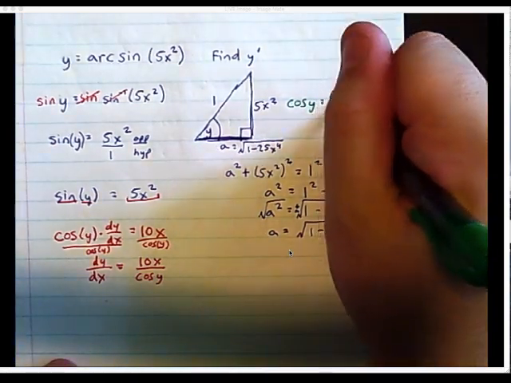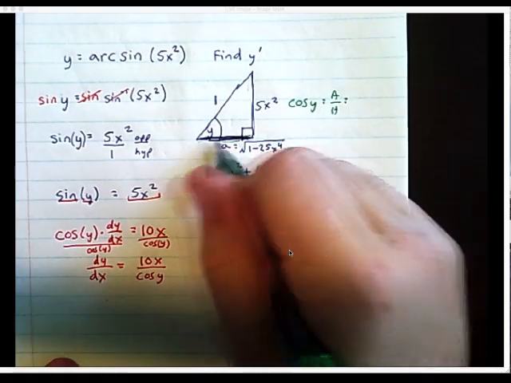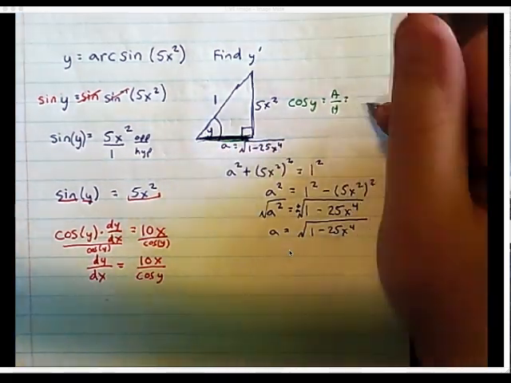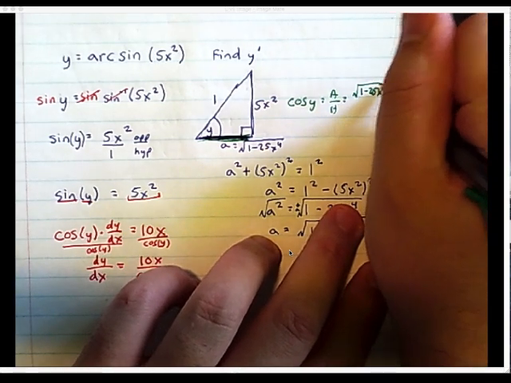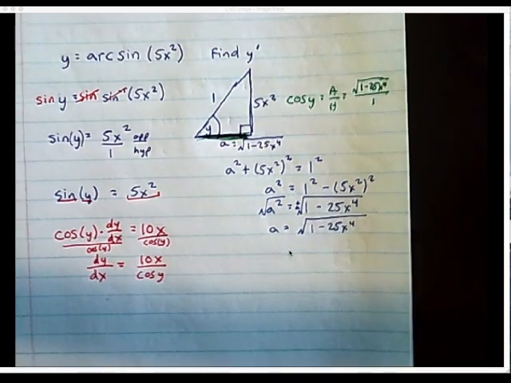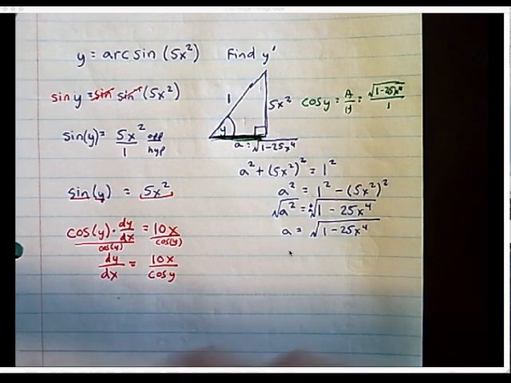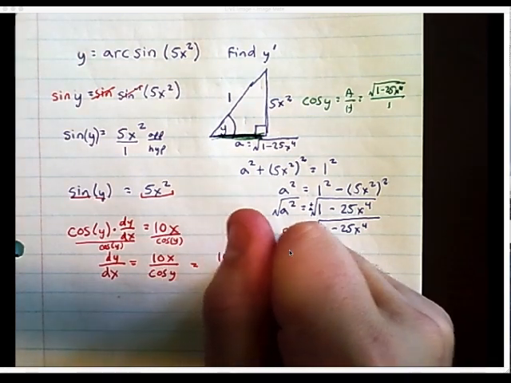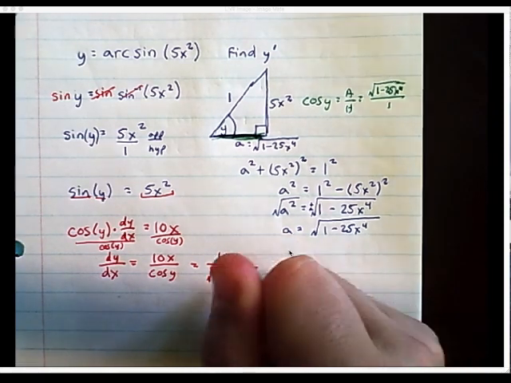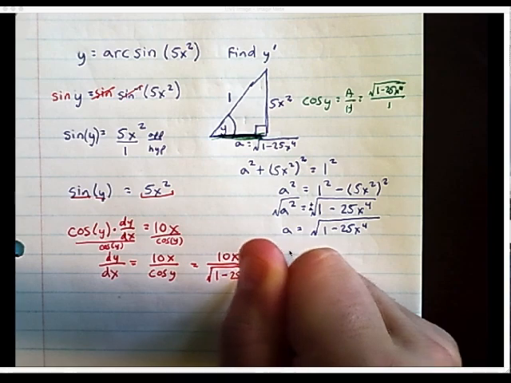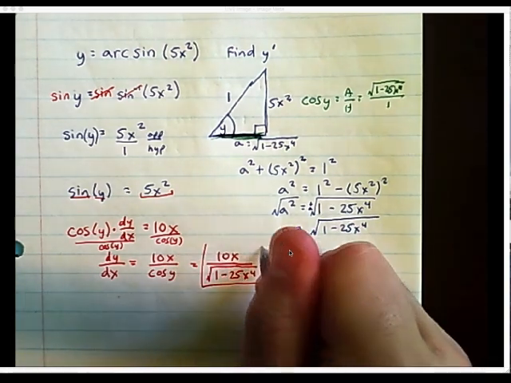Cosine is adjacent over hypotenuse. So the adjacent here is this side. So the length of that side is the square root of 1 minus 25x to the fourth over 1. So now I can plug this in for the cosine of y. So that's going to be 10x over square root of 1 minus 25x to the fourth power, and that is what the derivative is.